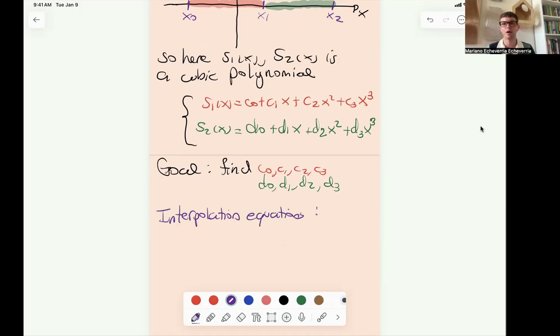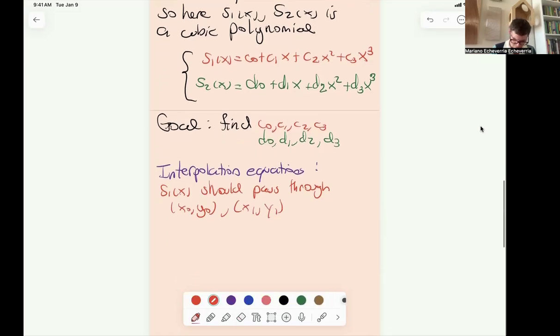which is that S1 should pass through (x0, y0) and (x1, y1). So S1 of x should pass. Okay, and that gives you two equations, which would be what?